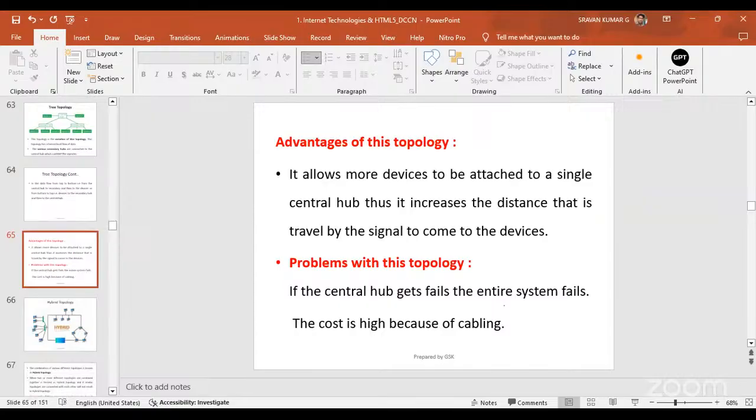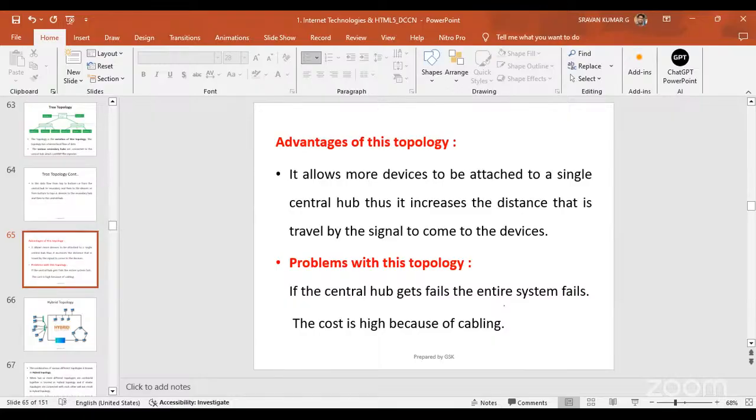Advantages of this topology: it allows more devices to be attached to a single central hub, and that's why it is used to increase the distance traveled by the signal to reach the devices. The problem is that if the central hub fails, the entire system fails.